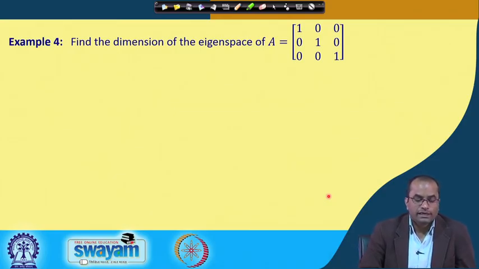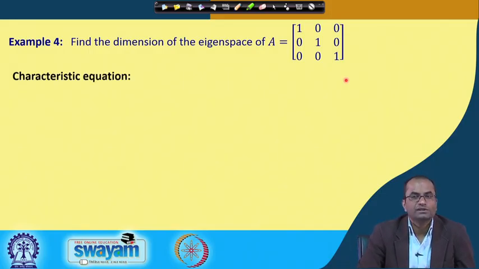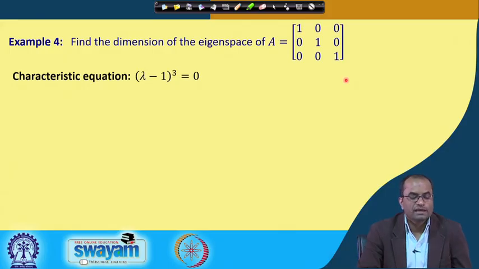In this example again we will take the identity matrix. So, very simple to evaluate. We want to find the dimension again of the eigenspace of A equal to this identity matrix, and if we write down its characteristic equation, we will get (lambda minus 1) to the power 3 equal to 0.